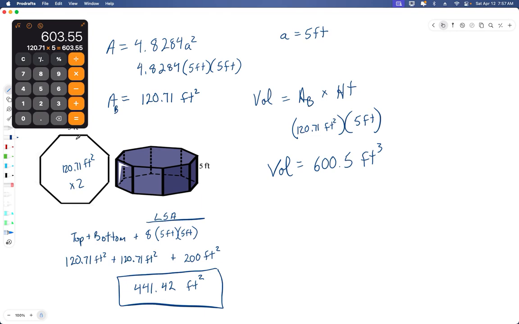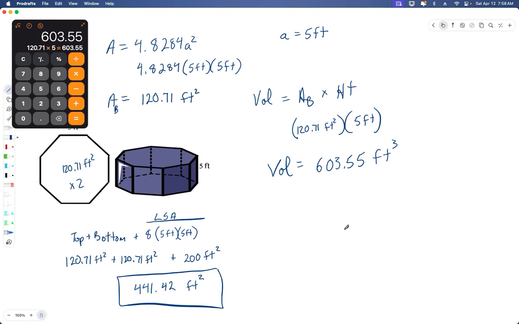I must have forgotten the 1 when I typed it, because that is not the same number. I'm going to do it one more time just to check my calculation. 120.71 times 5. Yes, I must have miskeyed it. So, see, teachers make mistakes too. It's okay. We all do that. So the volume is going to be 603.55, and you might have already caught that earlier, and that's fine.